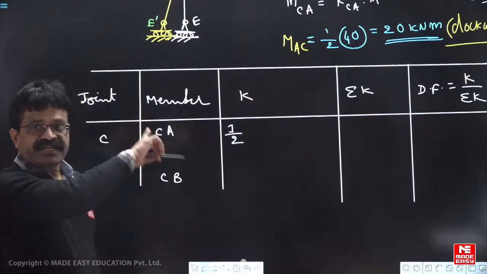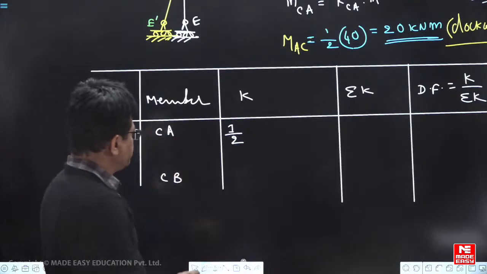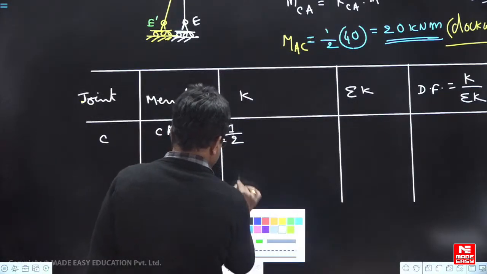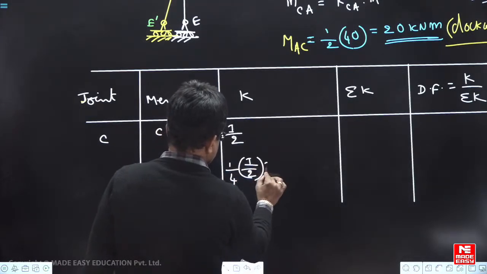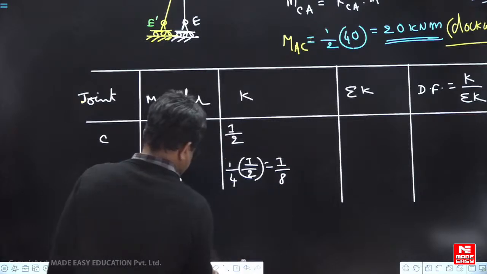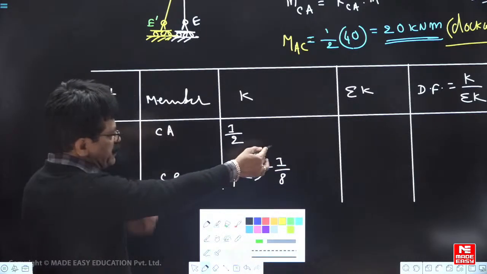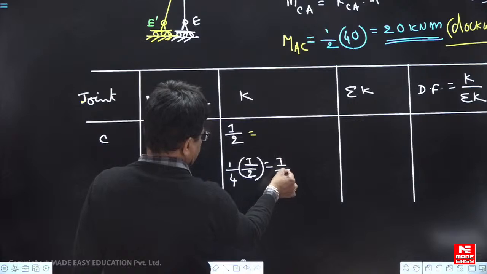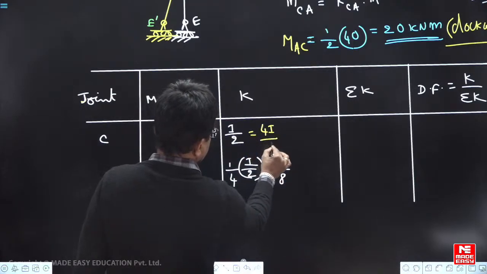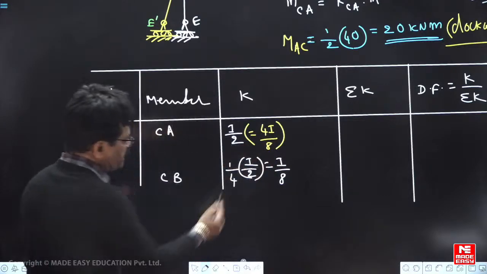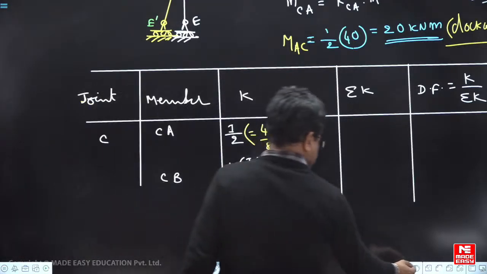When the far end is guided roller support, 1 by 4 times I by L. So this you will get I by 8. To calculate sigma values easily, we will write this as multiplying by 4 here, 4 here. 4I by 8. I by 2 is nothing but 4I by 8.